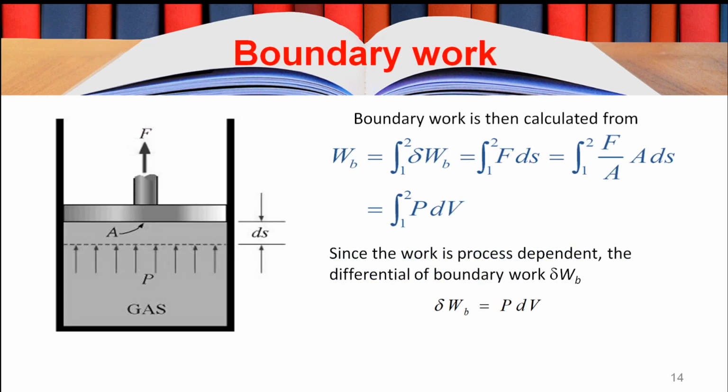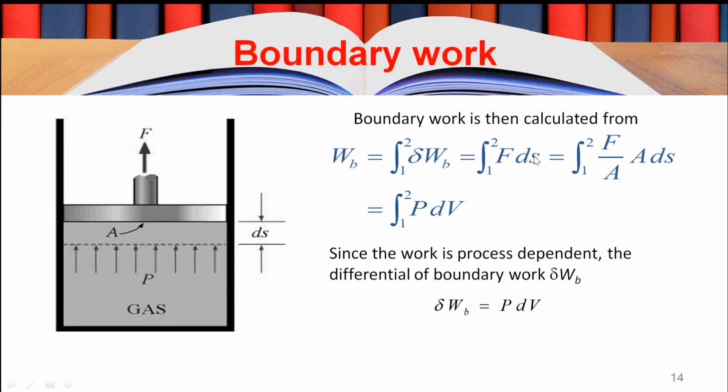So in such a case, the boundary work is calculated from this expression when the state of the system changes from 1 to 2: integral 1 to 2 delta WB. WB stands for boundary work. Delta is used since it is a path function, or inexact differential.